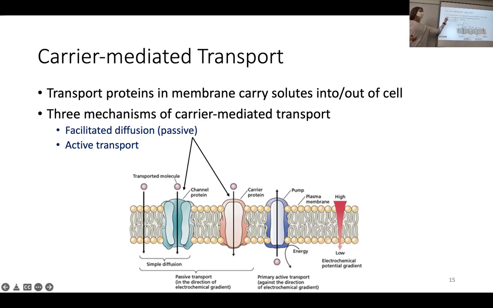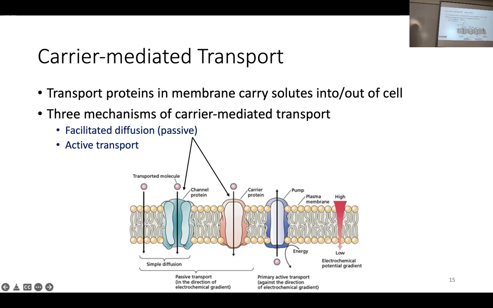So the passive is just diffusion, same idea. Solute is moving from a high concentration of itself to low, but it has to move through a protein to get across the membrane. So simple passive diffusion through a protein is called facilitated diffusion. The protein is facilitating the movement, it's helping it.